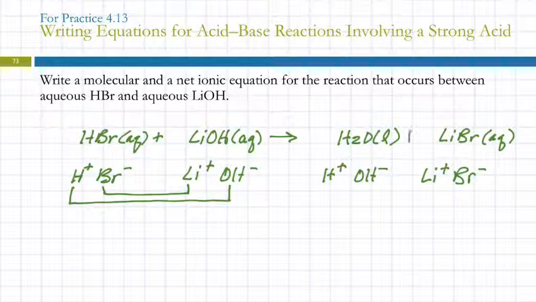I need a plus in here, and then I need to balance this. So I've got one bromide and one bromide. I've got one lithium and one lithium. I've got an OH and an H here, and those are the guys that came together to form water. So I don't need any coefficients. So that's my molecular equation.